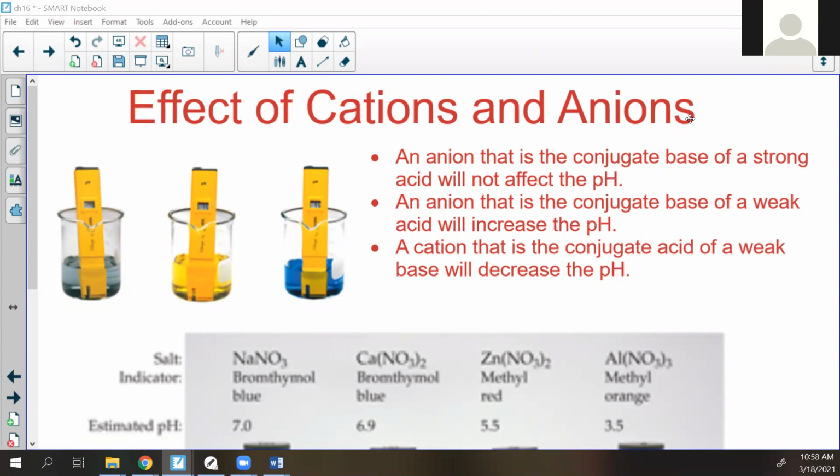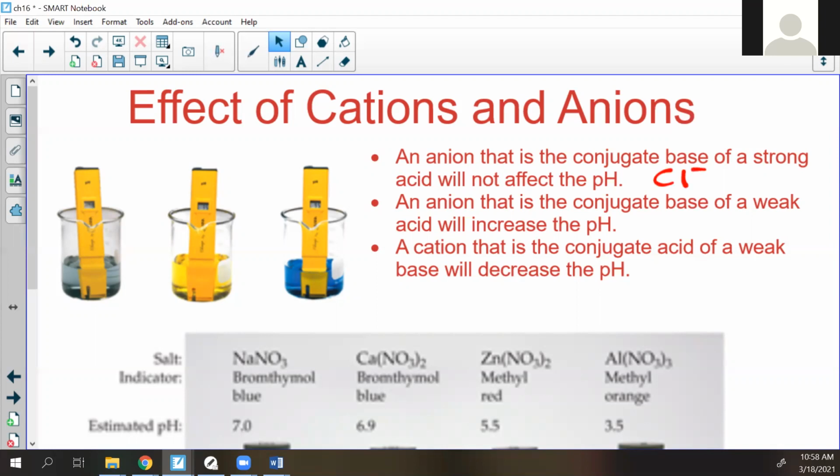An anion that is the conjugate base of a strong acid will not affect the pH. I've already said this multiple times. So the anion that is a conjugate base of a strong acid will not affect pH. That would be something, well, we've used it a lot, like Cl minus.